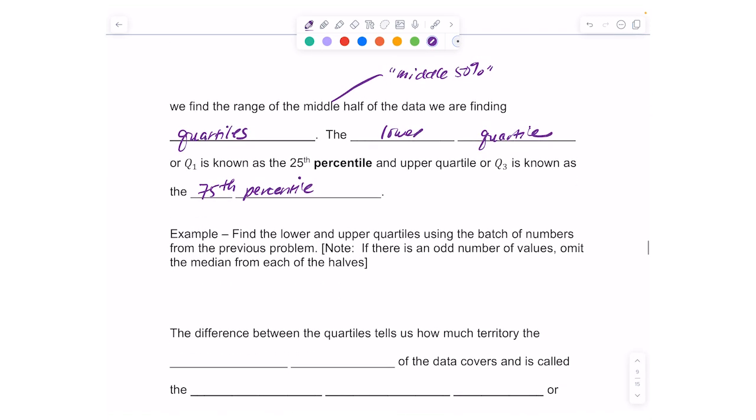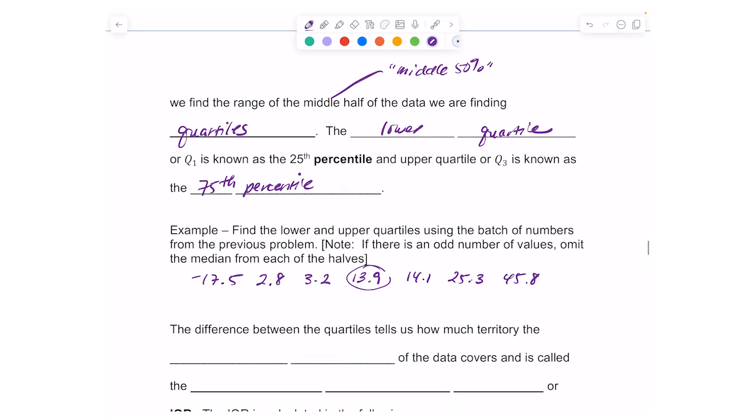So how do we exactly find those? If I take my data, my numbers that I wrote before, the first thing I want to do is find the median, which we already know is 13.9.